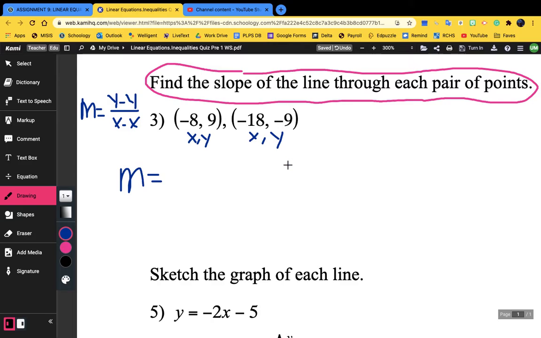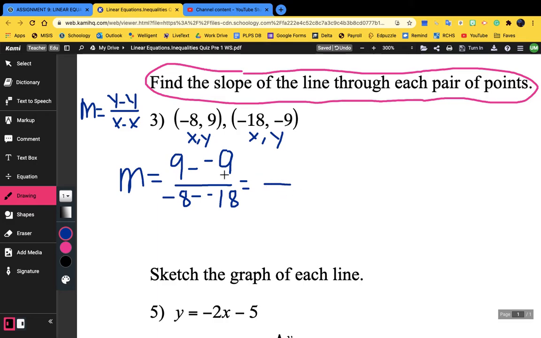9 minus -9. 9 minus -9. Right? That's a terrible 9. There you go. That's better. Over x minus x, -8 minus -18. Right? So let's deal with the top first.